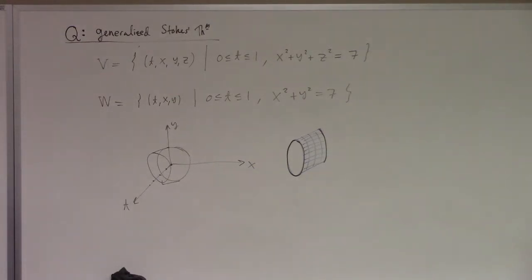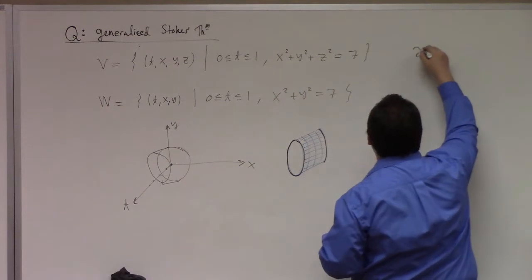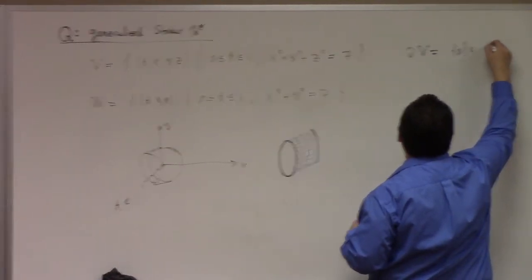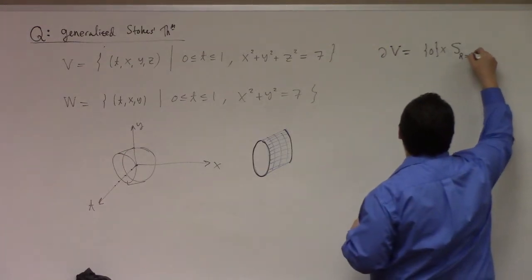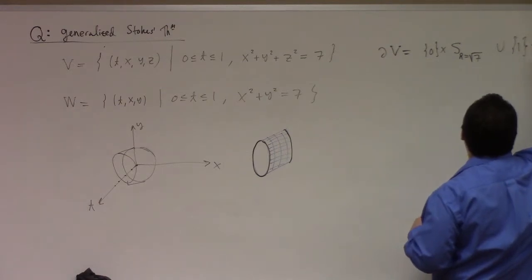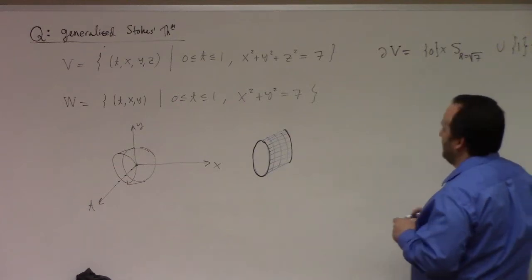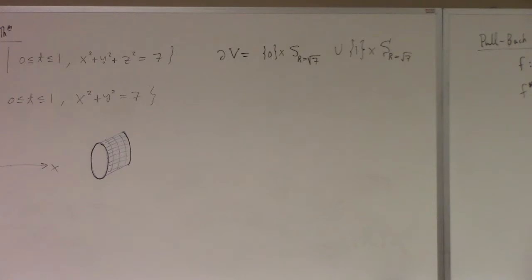And so the V is harder to picture, but even if you can't picture it, you can kind of see what the boundary would be. What would the boundary of V be? Basically, it's... If you allow me that notation, I'm saying the sphere in x, y, z coordinates.